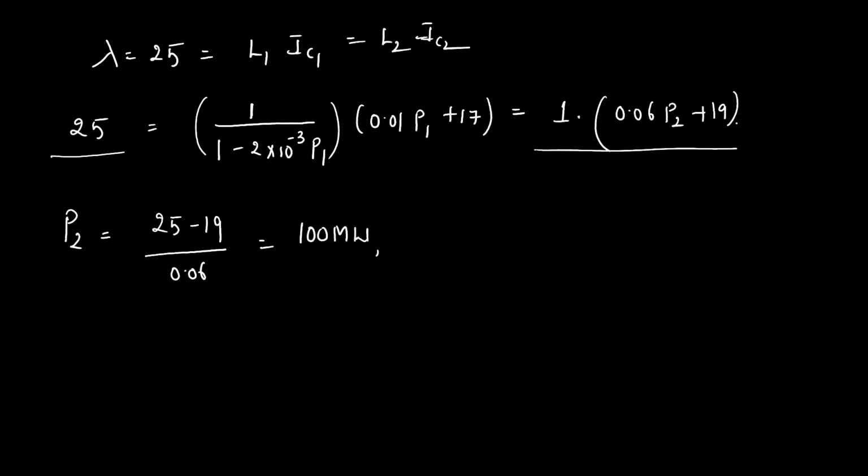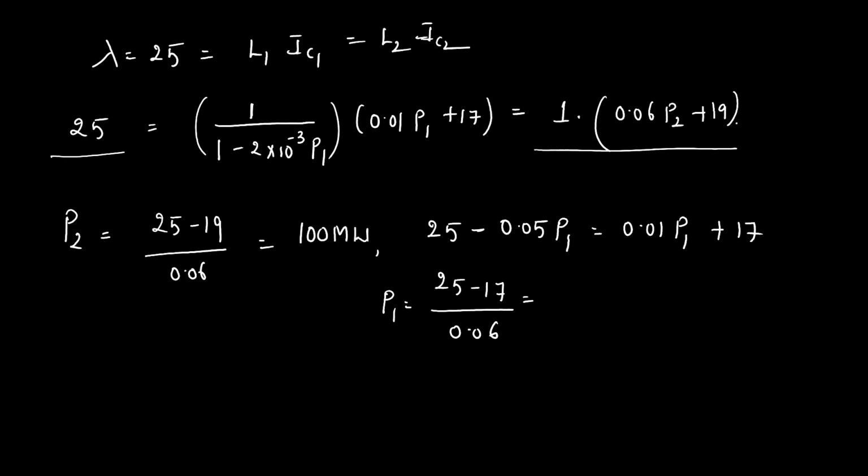And the P1 value also: if you equate this with 25, 0.05 P1 is equal to 0.01 P1 plus 17. So from this, you are easily going to get P1 as 133.33 megawatt.